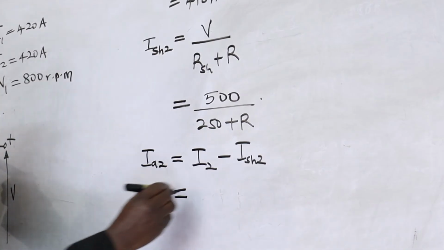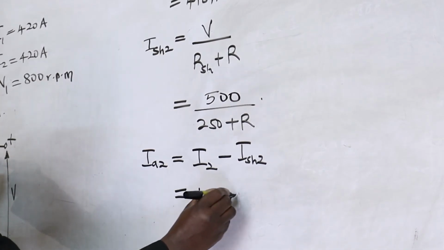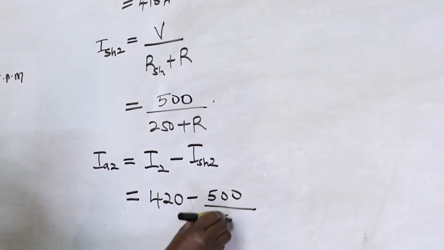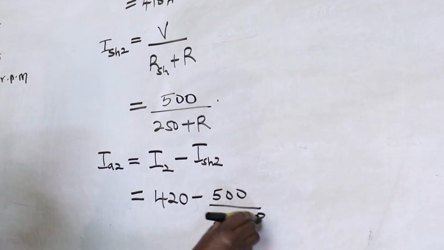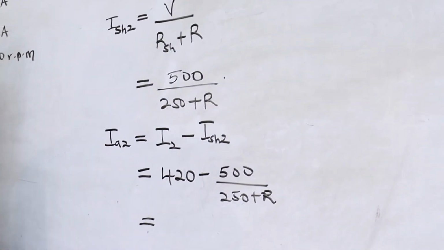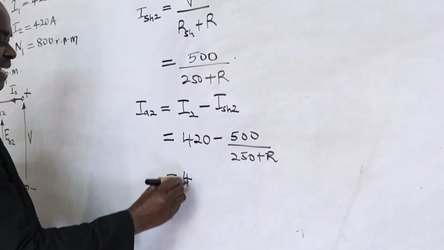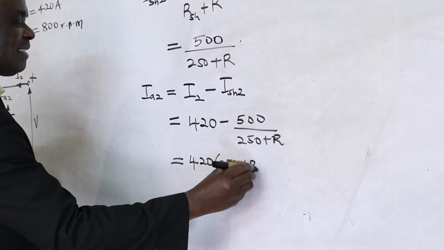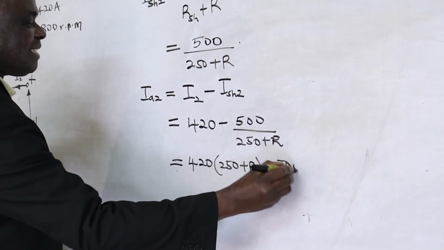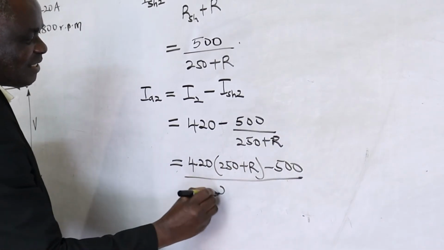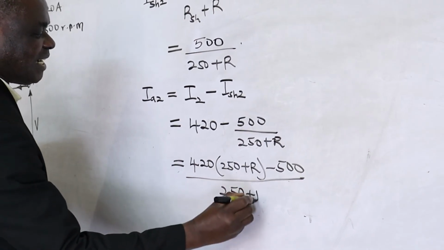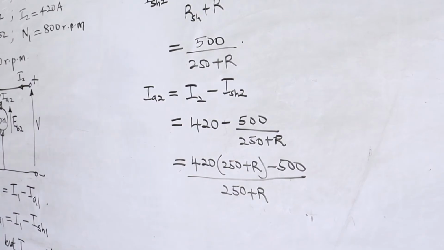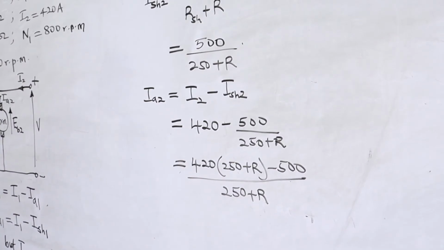I2 was maintained at 420, minus 500 all over 250 plus R, which simplifies to 420 into 250 plus R minus 500, all over 250 plus R. That one will give us IA2.